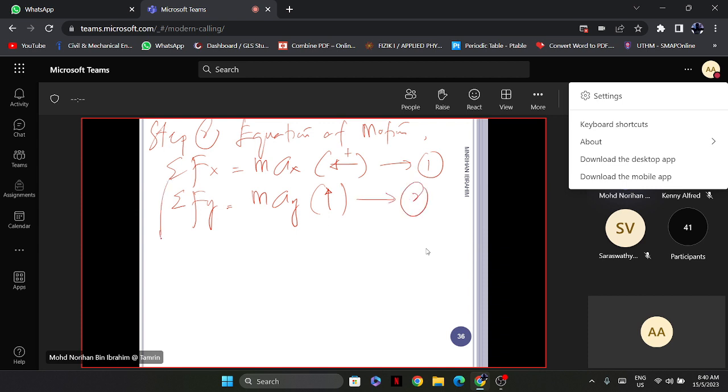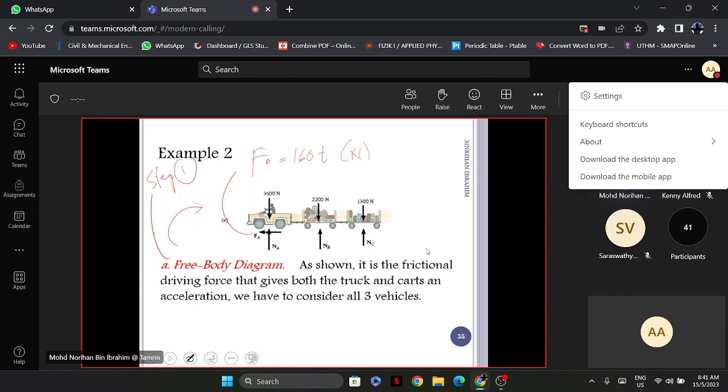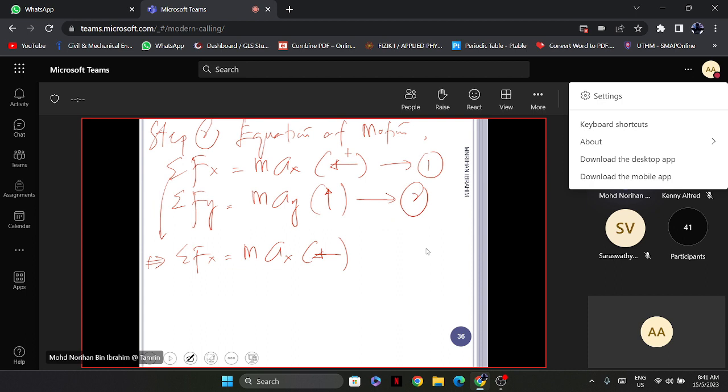Let's consider the first one. Sum of Fx is equal to m ax, positive to the leftward. In this case, if you look at these illustrations, what is sum of Fx?